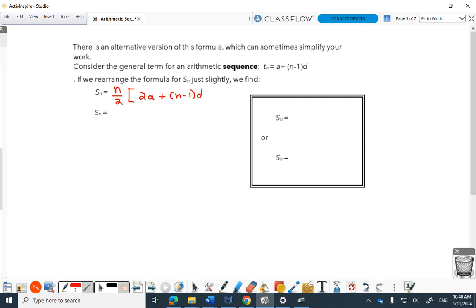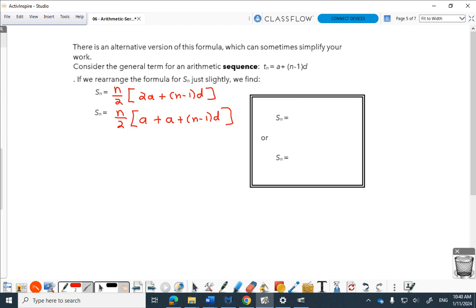That's what that formula says. But I can just do one little tiny rearrangement and change this to n over 2 and just break it into a and a.